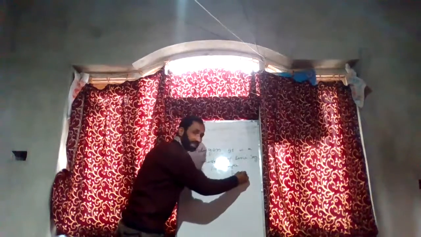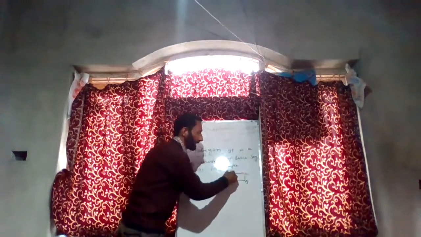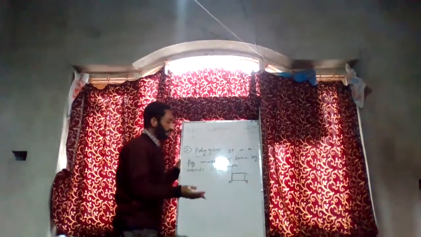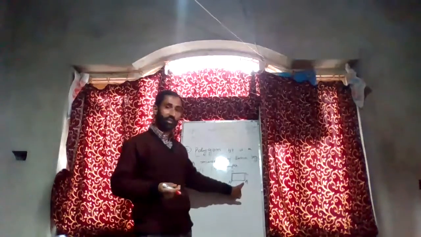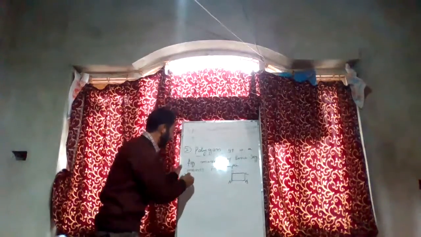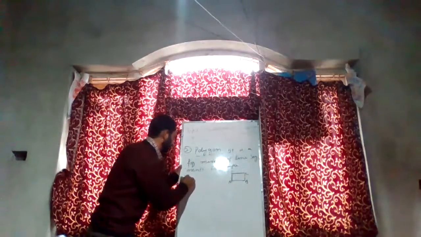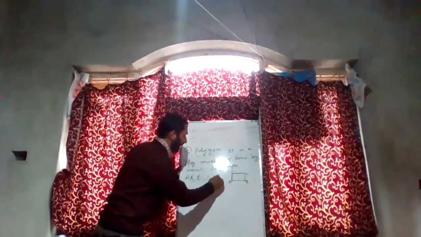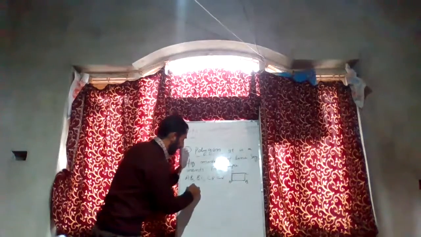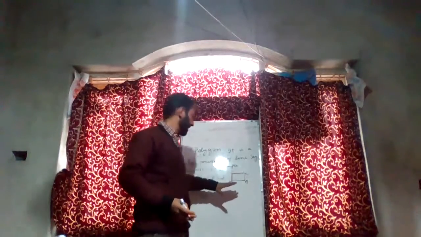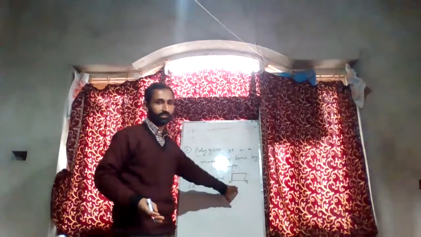This BC is another line segment. This CD is another line segment, and DA is another segment. When we join these four line segments AB, BC, CD, and DA, we get a figure ABCD. This ABCD is a polygon.